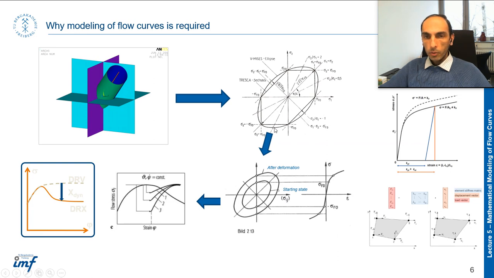And of course, the size and the form, and especially the size of this locus will not be the same all the time. For example, if you start the deformation without any prior deformation, at the starting state, this is the form of the locus, but when you apply the deformation, because of work hardening, the flow stress increases and the size becomes bigger.